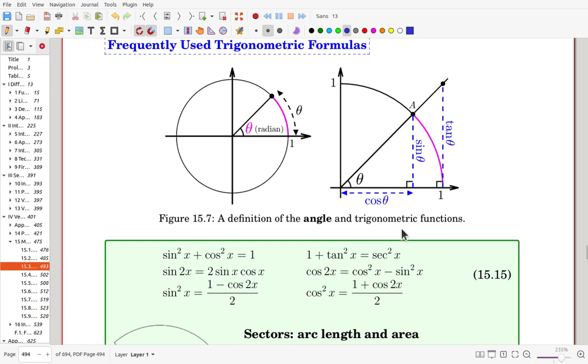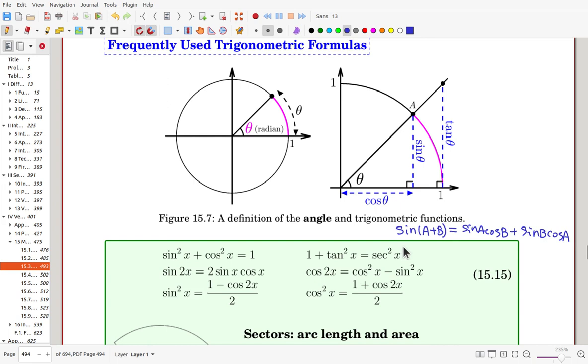For example, let's try to consider from sine. Sine of a plus b, where a and b are general angles, will be sine a cosine b plus sine b cosine a.